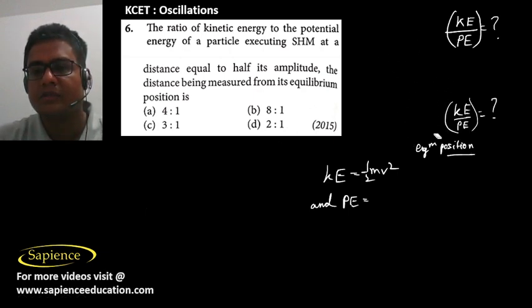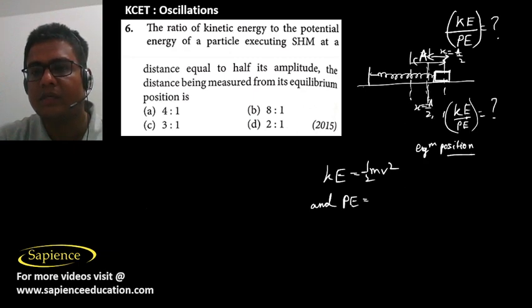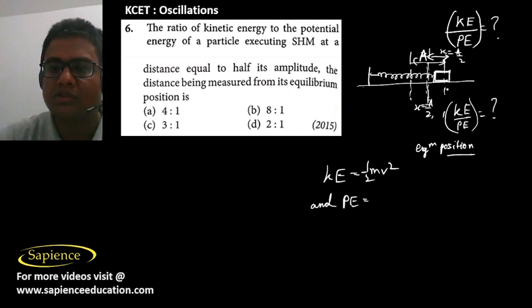So suppose if we take a spring mass system, then it will be somewhat like this. Now this is the mass. Suppose the amplitude is still here. This is the amplitude. So here at x equal to A by 2, we need to find the ratio of kinetic energy and the potential energy, and this is the equilibrium position.